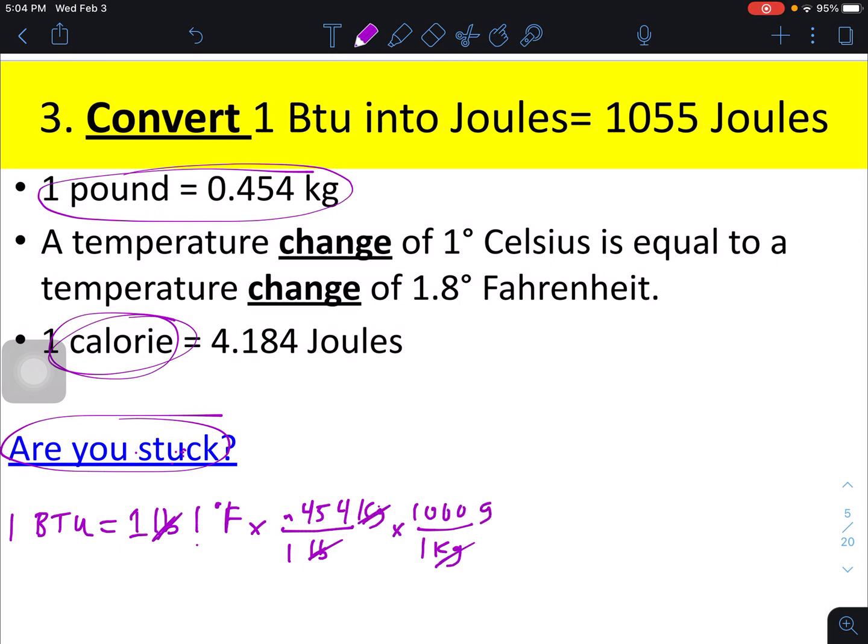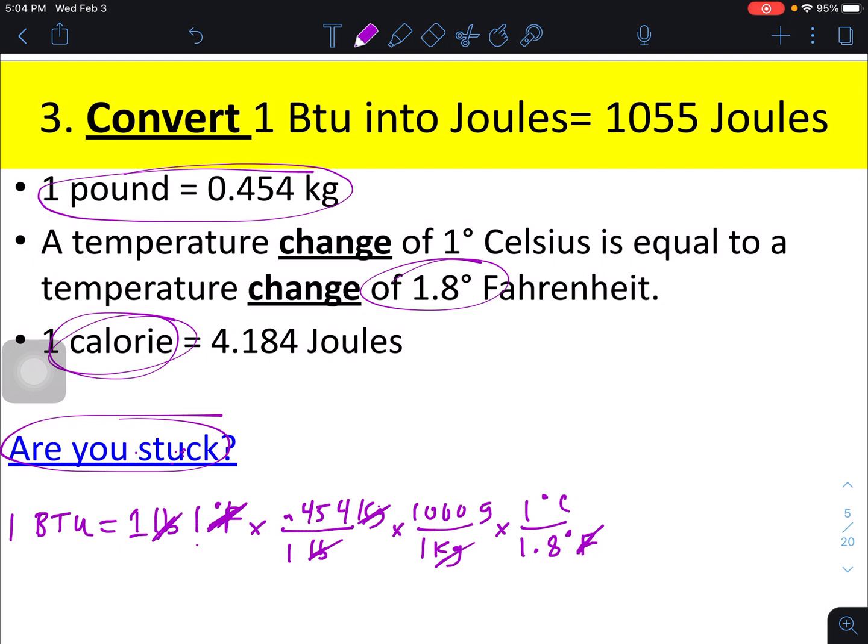Cancel out kilograms. The next one is going from degrees Fahrenheit to degrees Celsius. For every 1.8 degrees Fahrenheit, it's 1 degree Celsius. And that will get rid of degrees Fahrenheit from our original numbers.